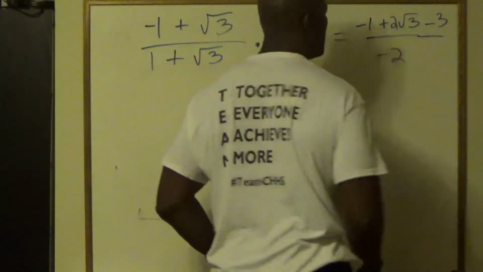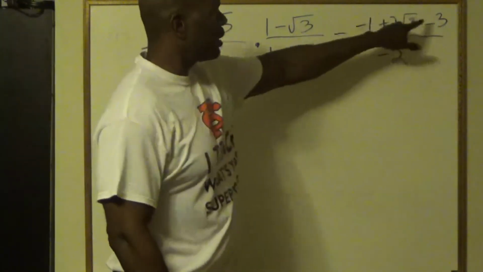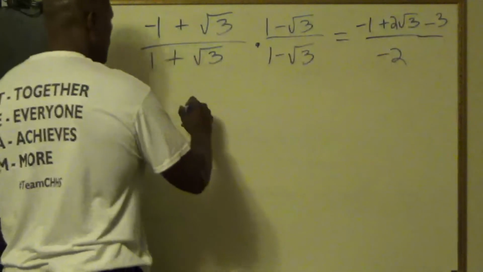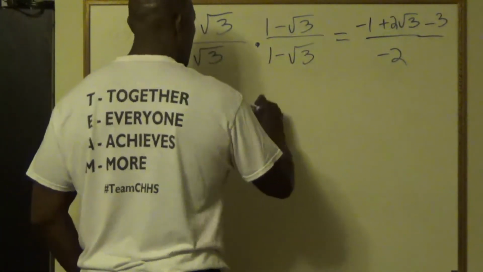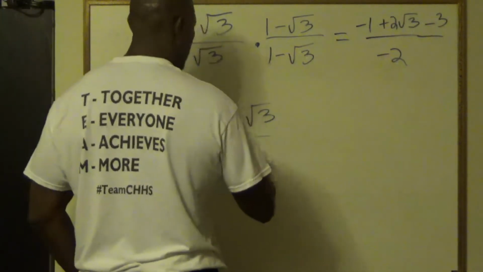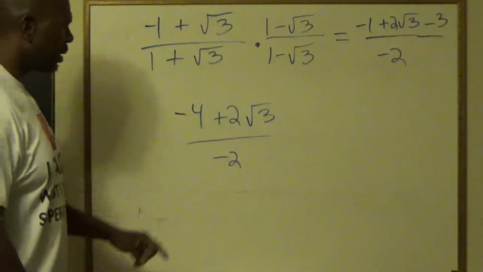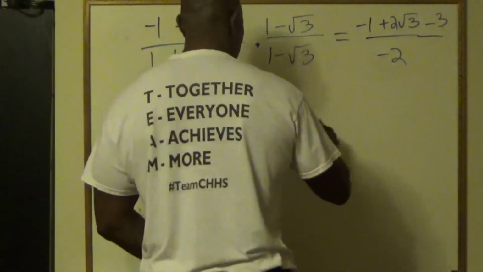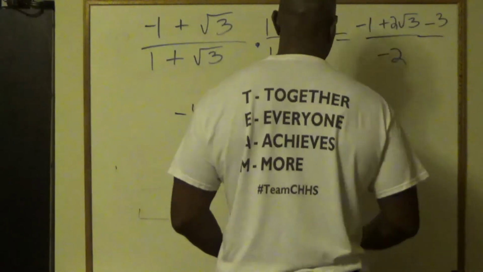So minus 3. And we can combine these two numbers here. Negative 1 and negative 3 is negative 4. So you have negative 4 plus 2 times the square root of 3 divided by negative 2. And you can just divide top and bottom by negative 2. And this will be positive 2 minus the square root of 3.